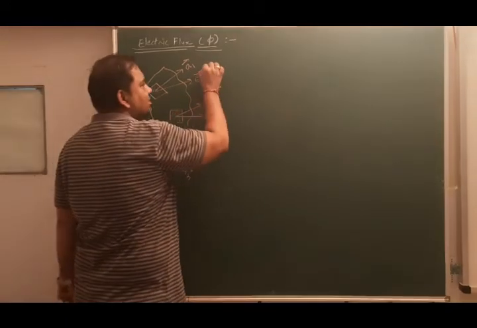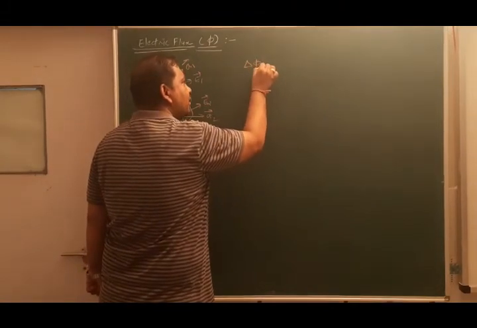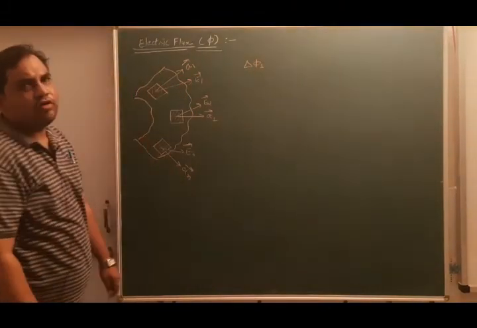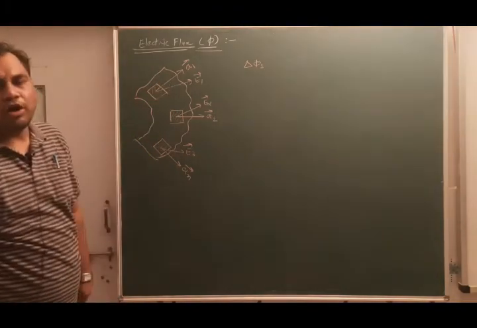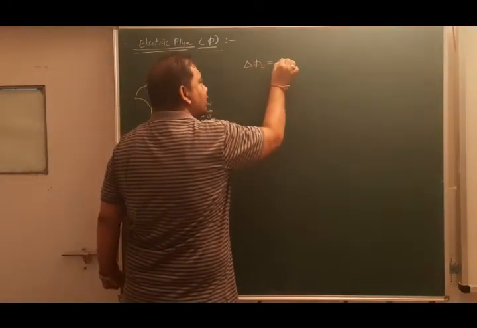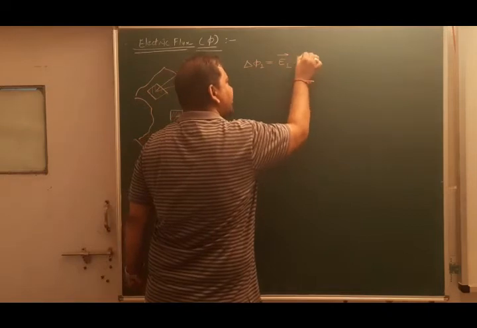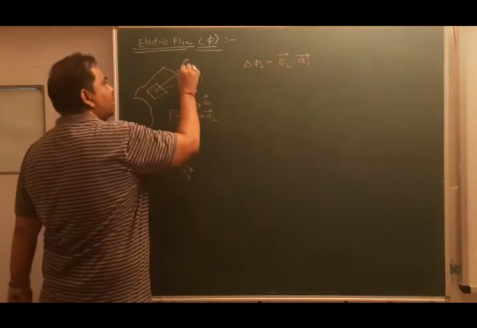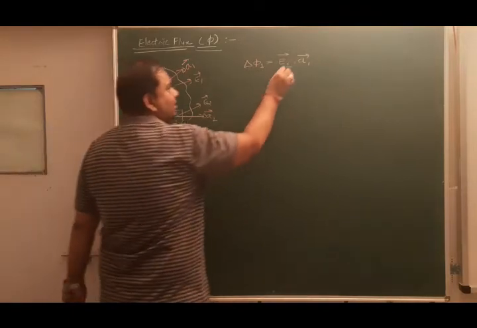Now flux that is linked with this small area A1, I will call it as delta phi 1. Delta is a very small region. Flux with that small region can be written as E1 dot delta A1. अगर एरिया भी छोटा है तो delta A1, delta A2 या delta AN लिख सकते हो.